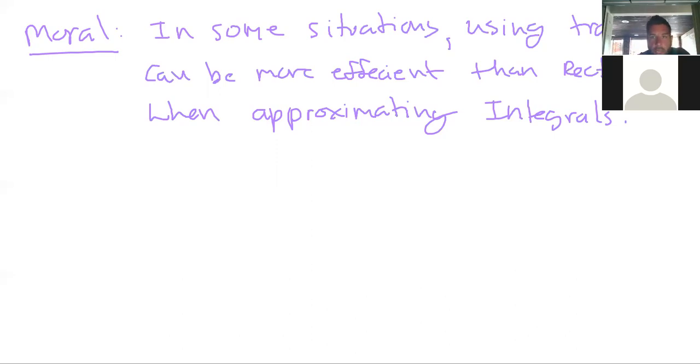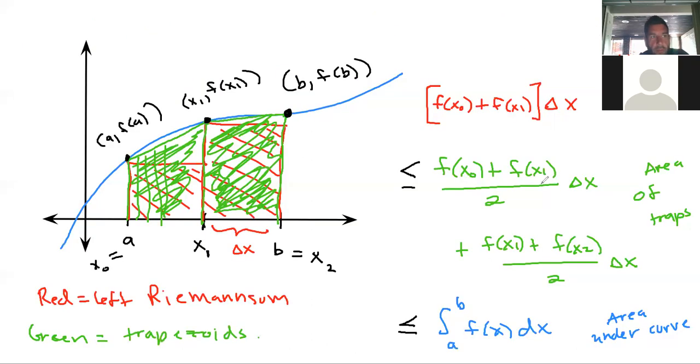So because of this, we have what's called the trapezoid rule. So I'm not going to go through the algebra, but if you go back to the previous page, what you'll notice is we could simplify what's in the green.